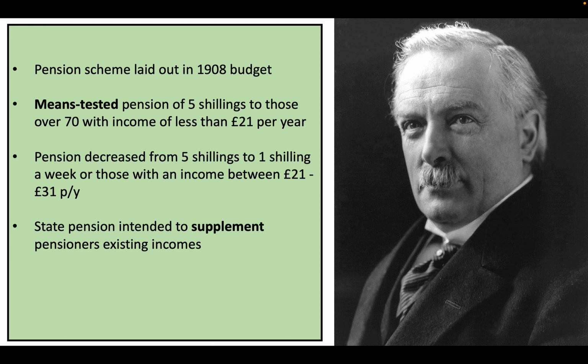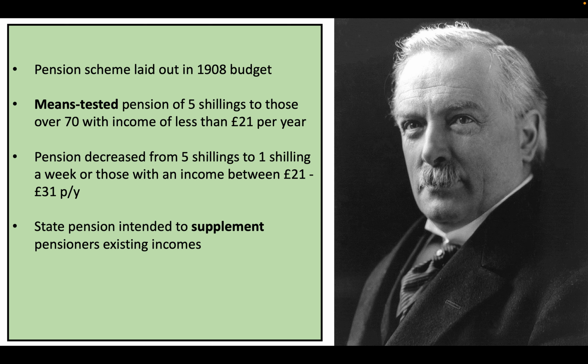Now, the main intention with the pension, it rhymes, I am a poet. The main intention with the pension is that it will supplement pensioners' existing income. The pension is supplementary. I need to see you using that vocabulary when you are writing about pensions and the Liberal social reforms.